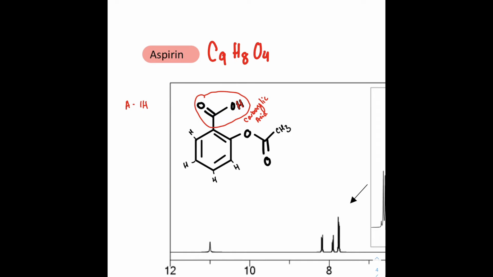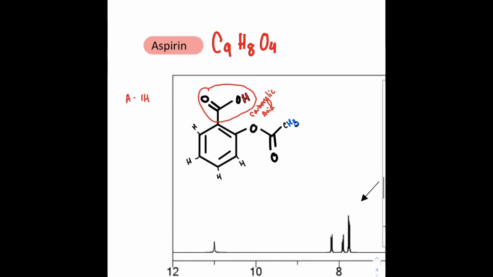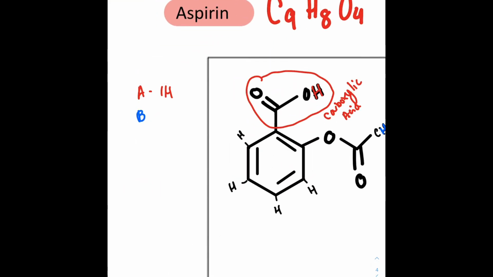Alright, so the next most obvious hydrogen group that I'm seeing is these H3s right here. And again, these are not equivalent to anything because they're all by themselves out here and nothing else is connected to anything else like this. So I'm going to make this group B, and that has 3 hydrogens.